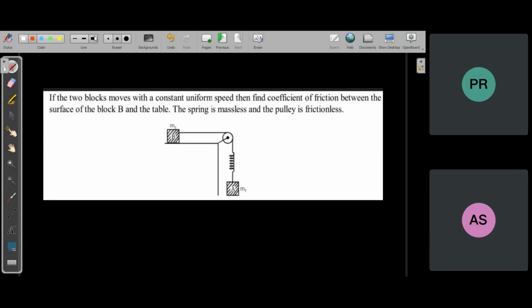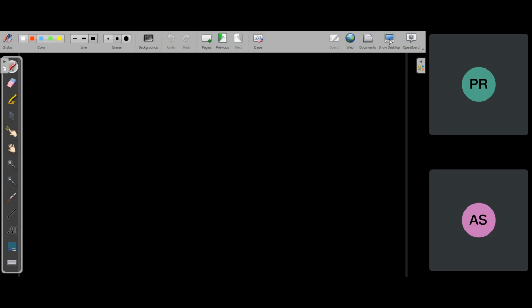So what is the question? If the two blocks move at a constant speed, then find the... Okay, okay. I think that is by mistake. I think this question is okay.